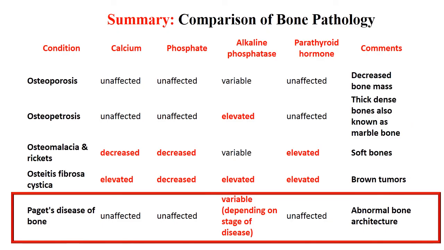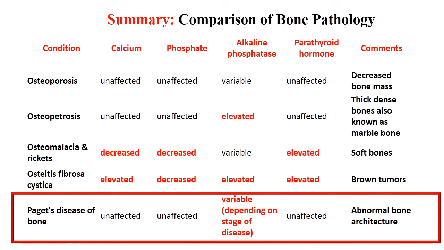So this is the summary and comparison of various bone pathologies. We will study all these diseases in detail in fourth year in the bone module. But just to give you some idea, osteoporosis is decreased bone mass in which calcium and phosphate are unaffected, alkaline phosphatase is variable, and parathyroid hormone is also unaffected.